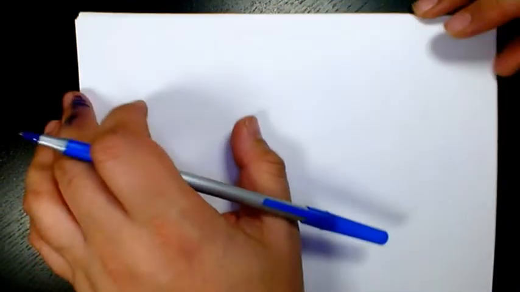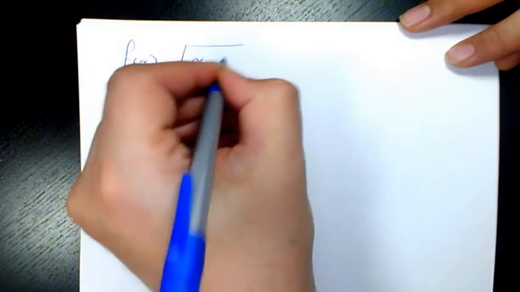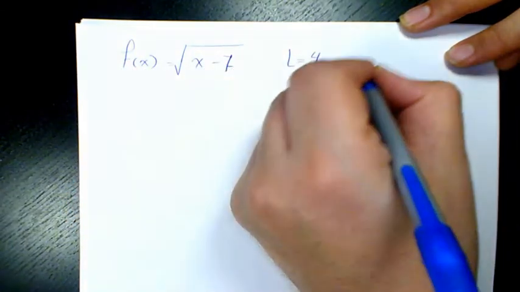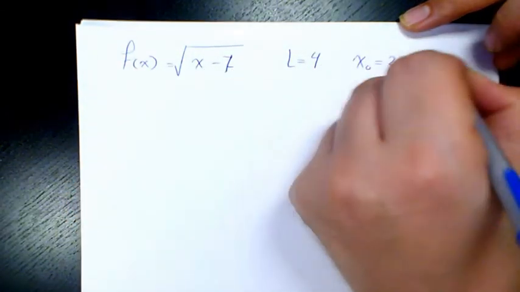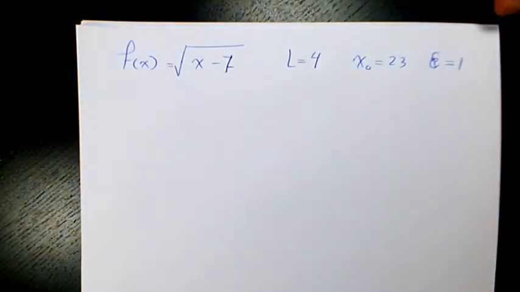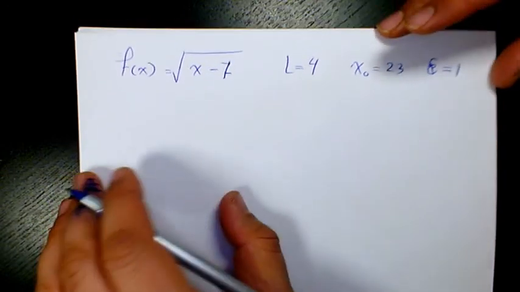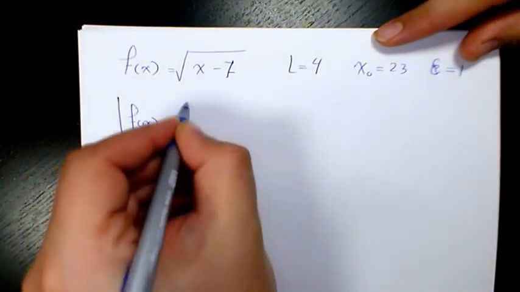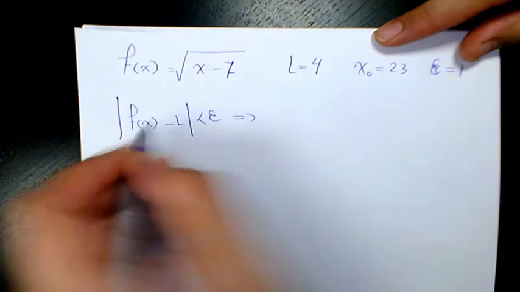Next example, we have f of x equals the square root of x minus 7, L is 4, x naught is 23, epsilon is 1. So again, the absolute value of f of x minus L has to be less than epsilon.